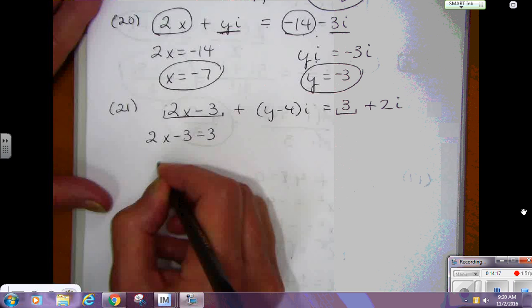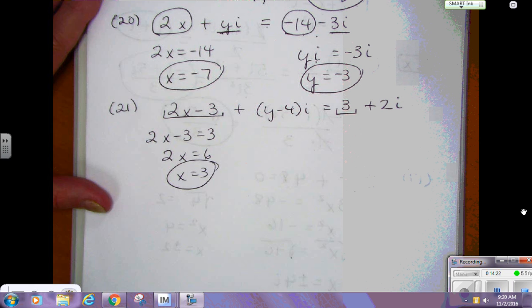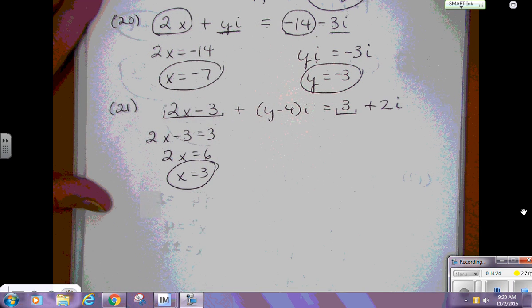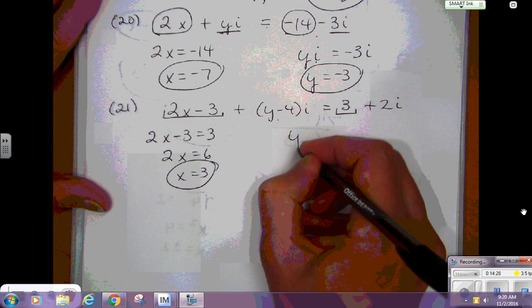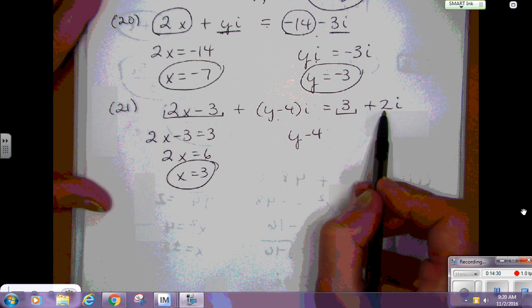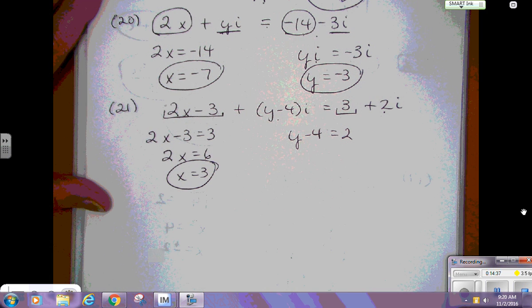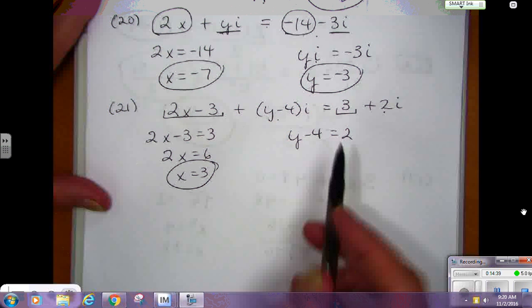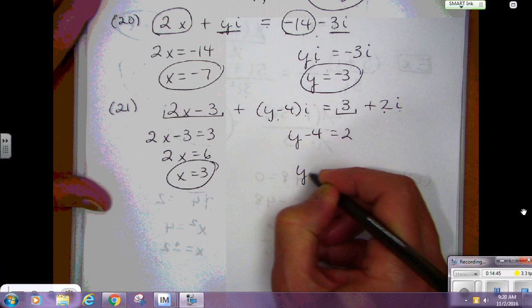Let's solve that for x. And the imaginary parts on the left side is y minus 4, and that's going to equal 2 on the right side. I'm not going to put the i's in there because they're going to reduce out anyway. So you're going to have y equals 6.